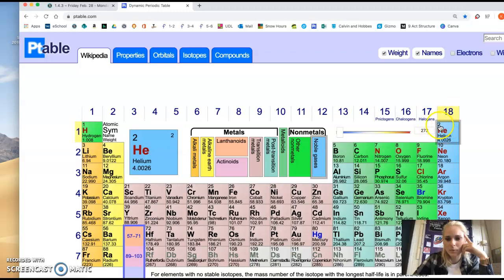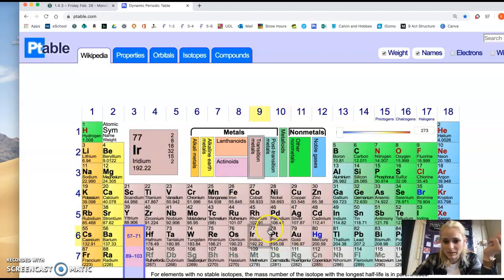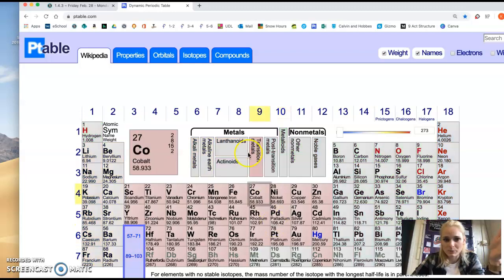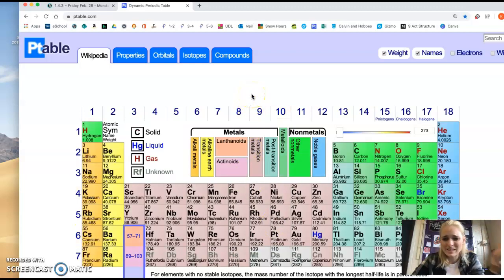The number on the periodic table says how many protons it has. Beryllium has 4 protons. Iron has 26. Arsenic has 33. Platinum has 78. So you can easily tell how many protons something has just by looking at the periodic table. But why is the weight different?